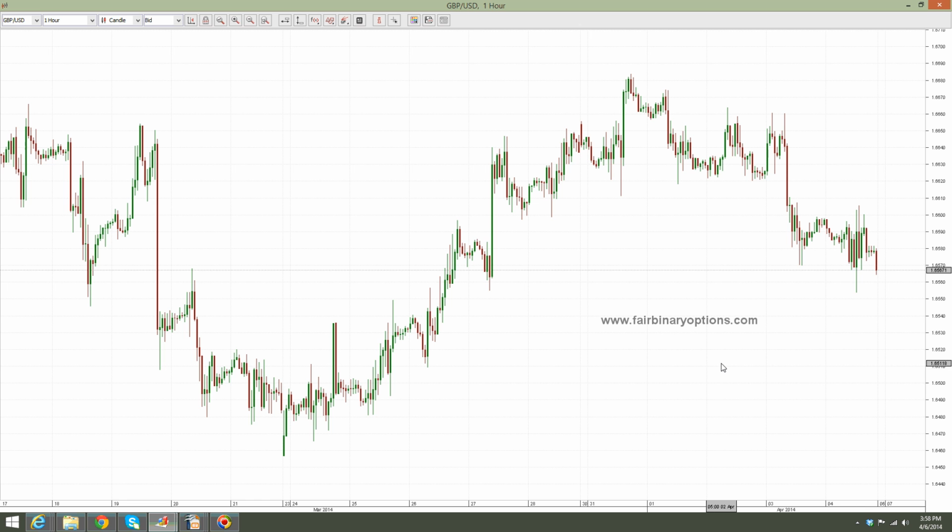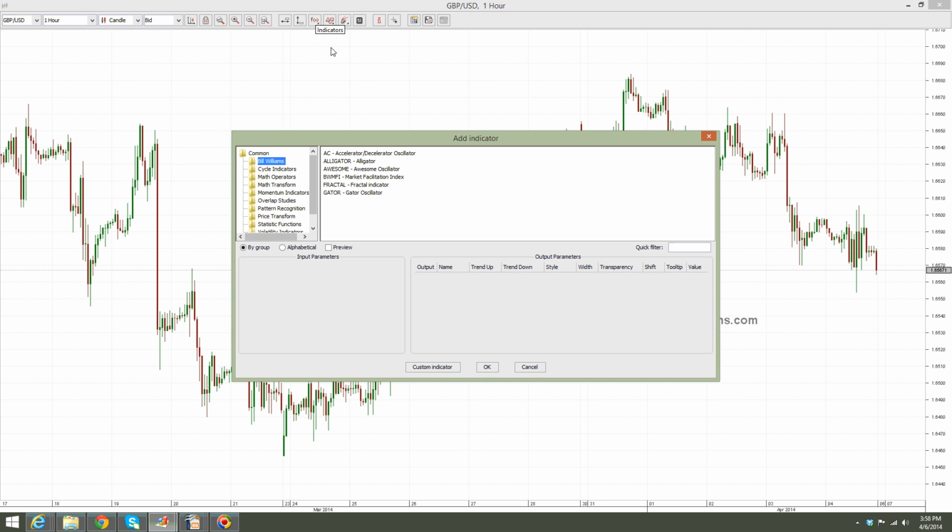What I'm going to show you is one of the most popular indicators of them all: the relative strength index. If you click here and want to add an indicator, the relative strength index comes under the momentum indicators.